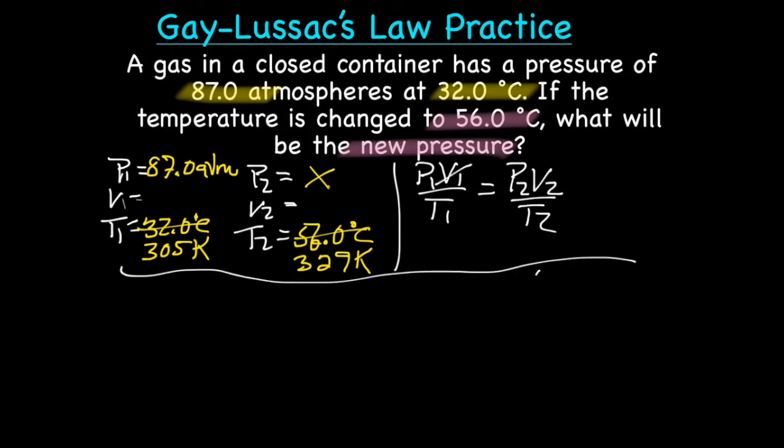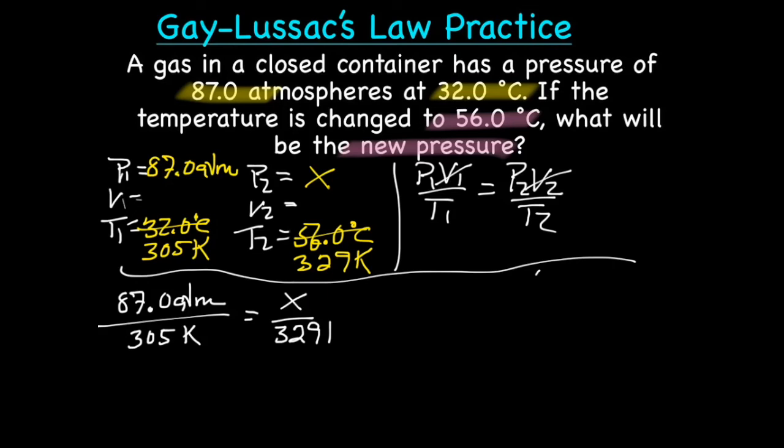And we get to ignore the V's this time. So we're going to have 87 atm over 305 Kelvin equals, we don't know what, divided by 329 K. We're going to cross multiply.